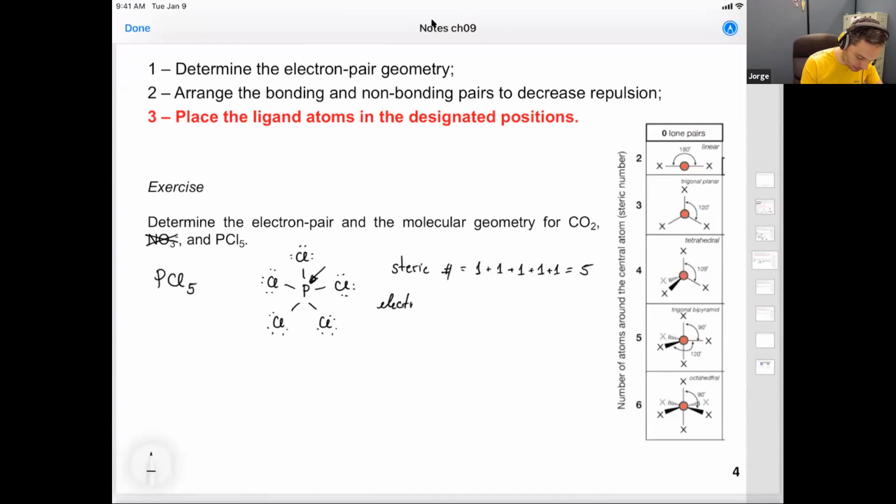What is the best way to organize 5 groups around an atom? So go back to that first slide that I showed you with the geometries as a function of the steric number. The easiest and most stable way to organize 5 groups around a central atom is as a trigonal bipyramid.